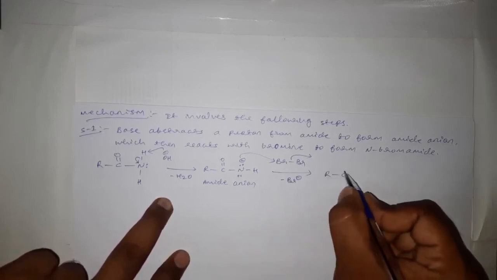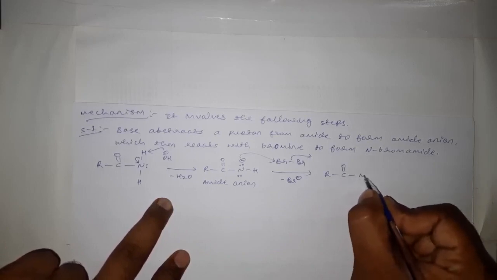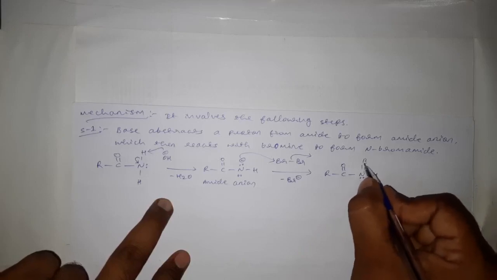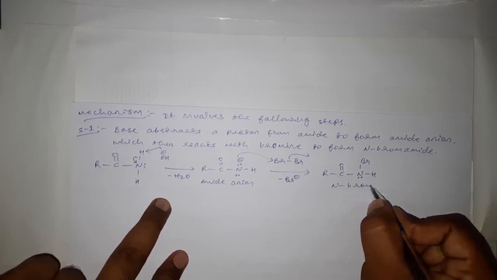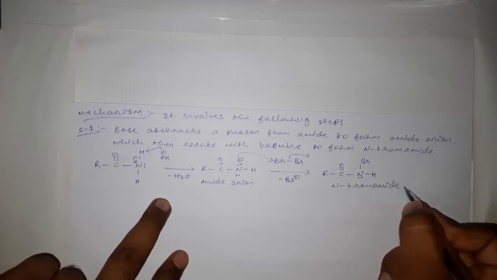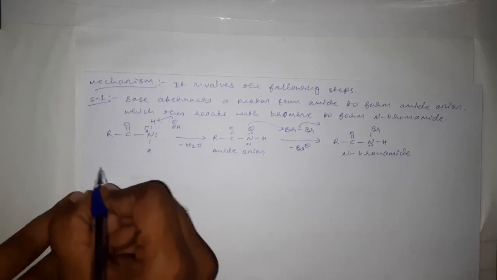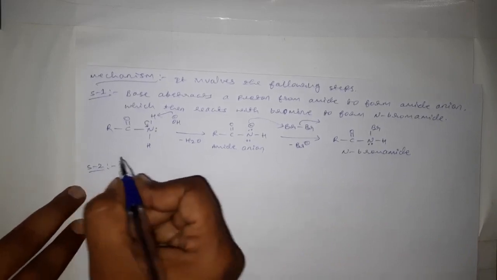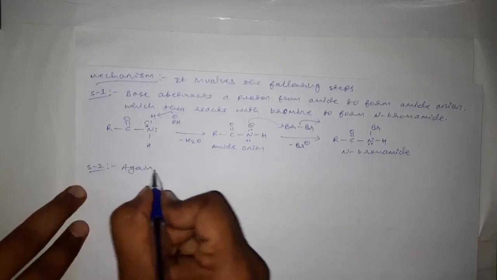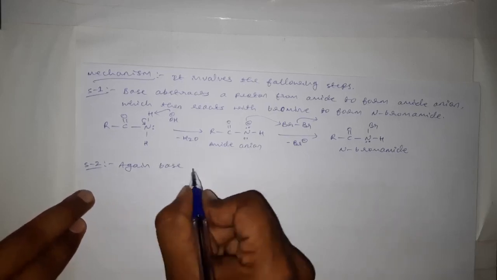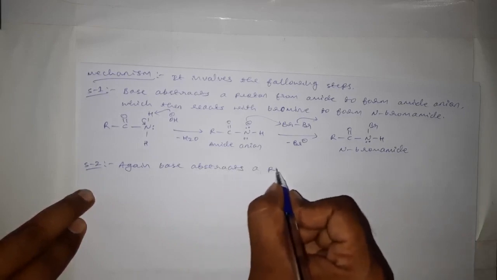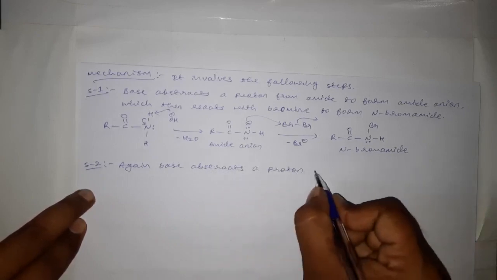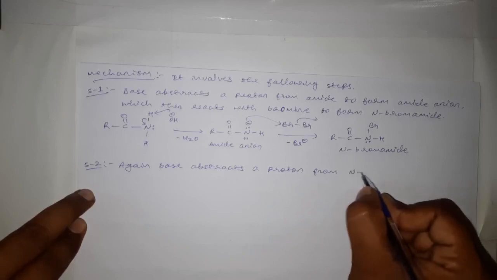It results in the formation of RC double bond O NH Br, with a lone pair of electrons. It is called N-bromamide. This is the first step. And in the second step, again the base abstracts a proton from this N-bromamide.